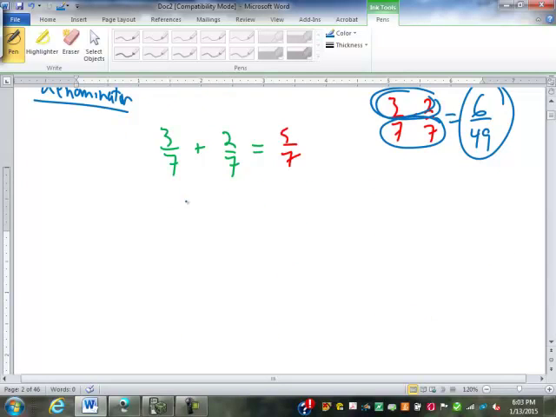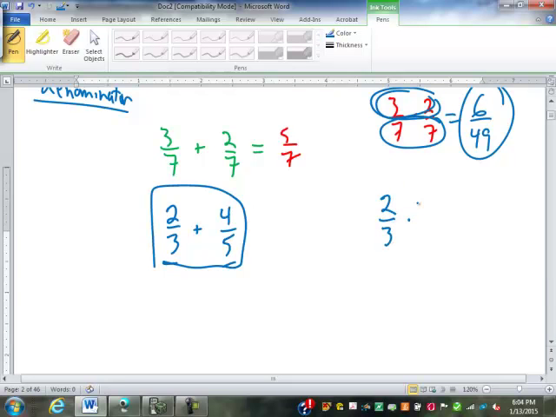When we add fractions, two-thirds plus 4/5, can that be done the way it's written? No. They have different names. In a little bit, we're going to look at how we change those names so that we can add them. For right now, they're different, so we're not going to add them. When we multiply, however, we do not need the same name.